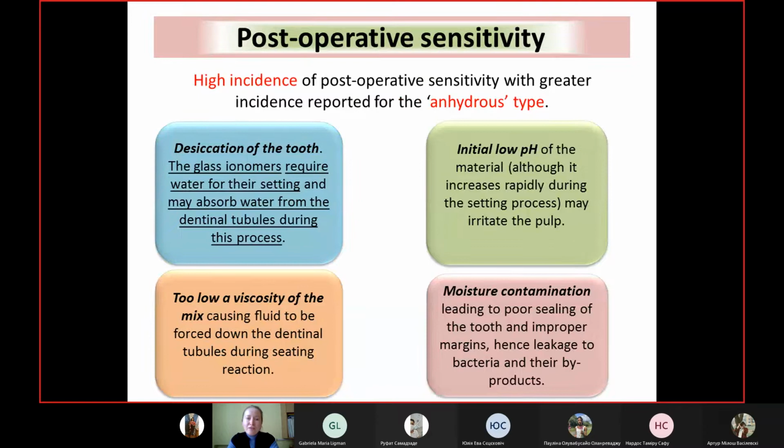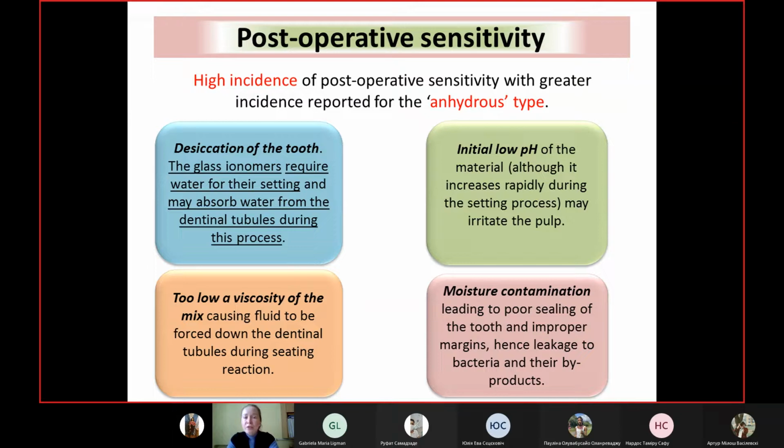Glass ionomer cements may cause post-operative sensitivity. This post-operative sensitivity was high for the anhydrous type, because dried acid was introduced into the powder, and for mixing distilled water is used.